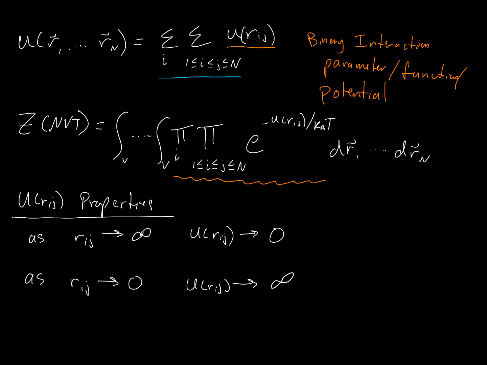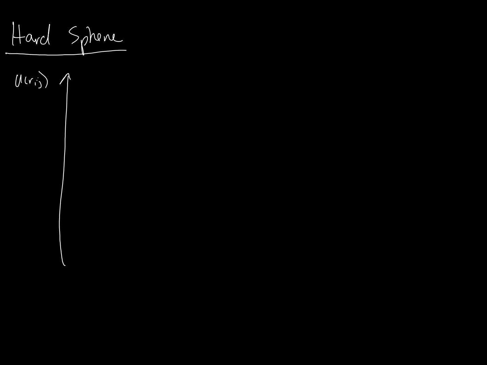So with this, let's take a look at some common examples of pair potentials. First one is the hard sphere. So if we plot it out, we have the separation distance, Rij, and the energy of that.